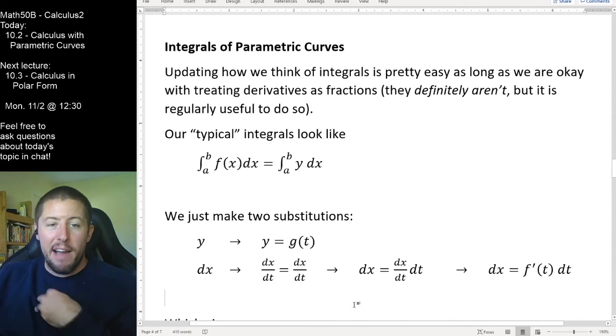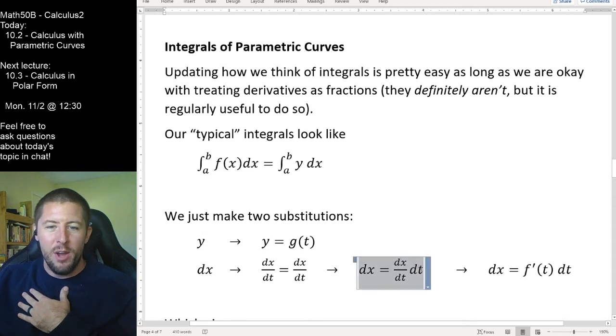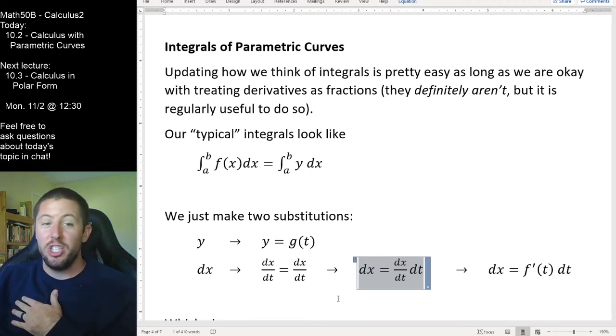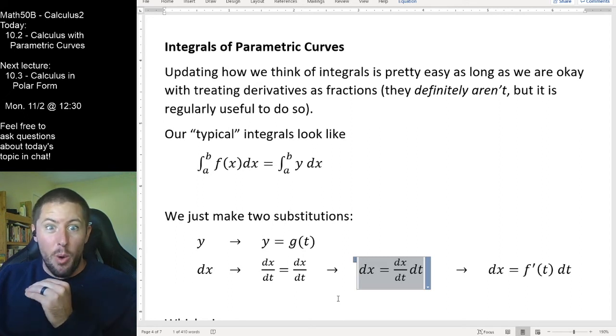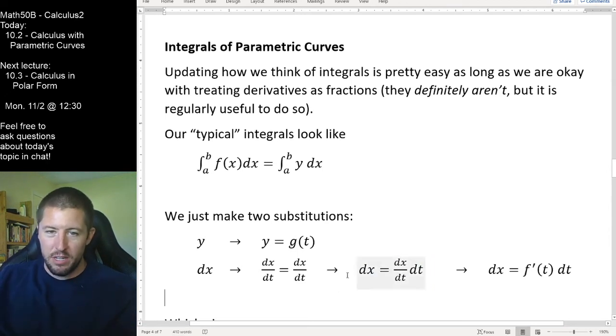Because I have the deep confidence that in this scenario my derivatives are equivalent to being treated as fractions, but that's not always true, I am going to go ahead and do a light bit of fraction math right there, which really is basically just me saying, go ahead and multiply that dt term to the other side. I'm going to say it one more time and then I promise I'll stop. It's not what happened. I didn't multiply by a dt, but it does turn out that in this scenario, thinking of these as fractions is equivalent to their calculus interpretation. So therefore, this is the swap that I can use to rewrite my dx differential term in terms of a dt differential term.